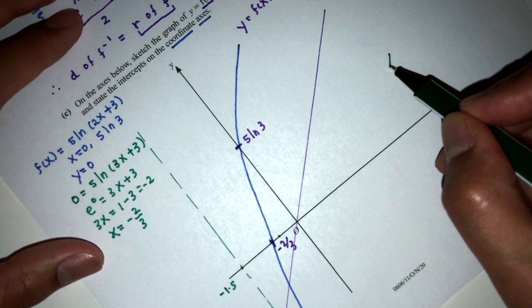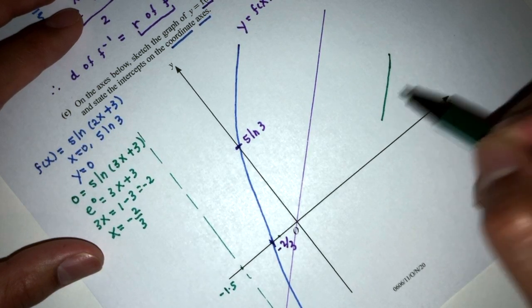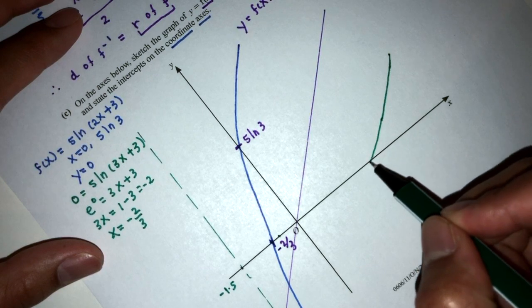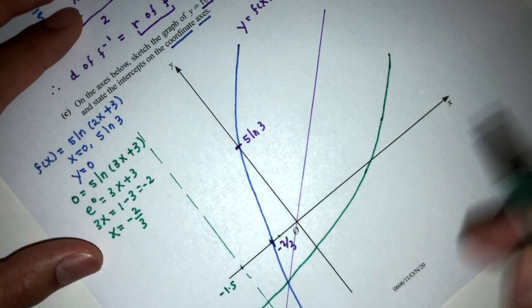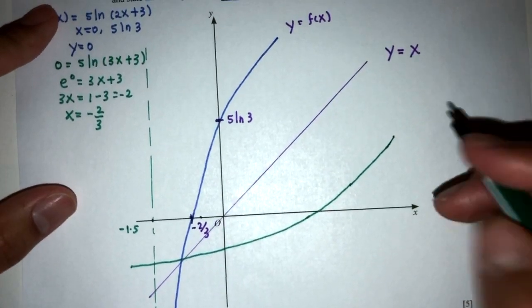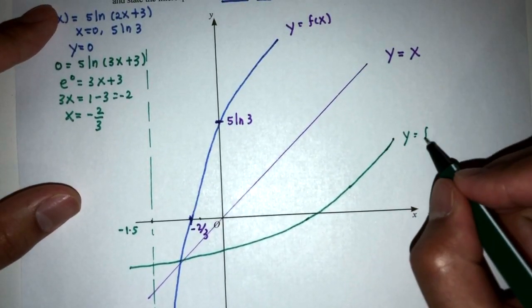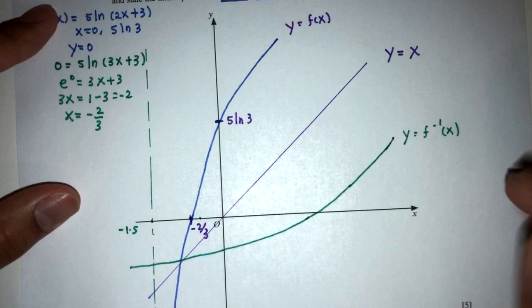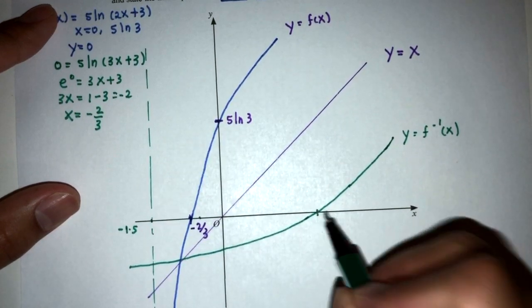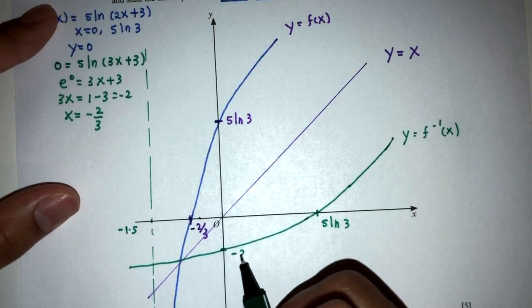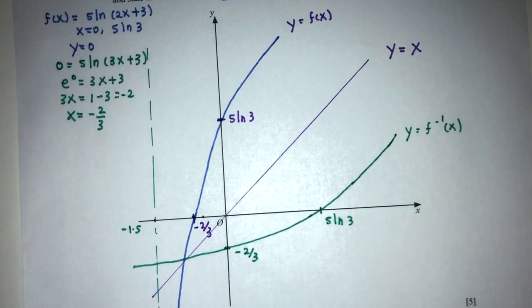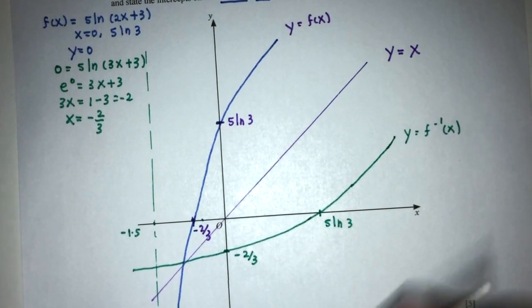Of course, you have to make an effort to make it seem like a good reflection. That will be y equal to f inverse of x. So this will be this point right here, which is 5 ln of 3, and this will be this point here, minus 2 over 3. As you can see, this will be your answer for question part C of question 7.